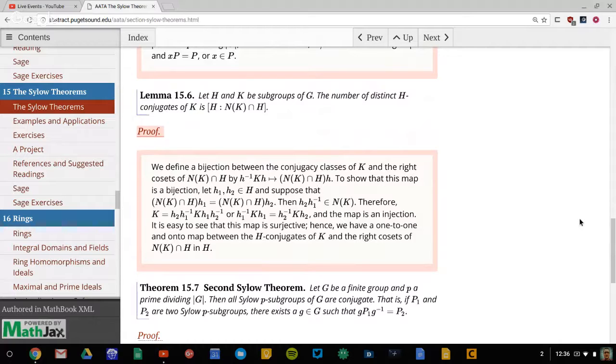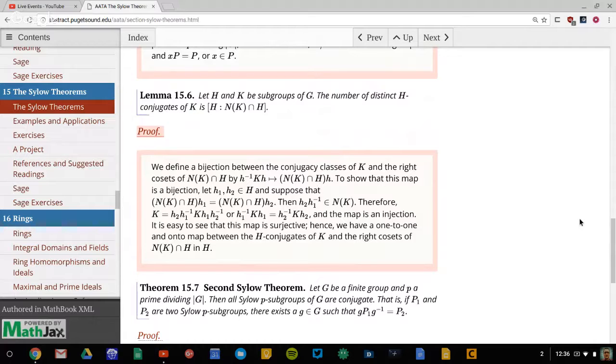So you get that h2 h1 inverse must be in the subgroup itself, in the intersection. So in particular, that means it's in the normalizer. If it's in the normalizer, that means when you conjugate K by h2 h1 inverse, you just get K. That's the definition of being in the normalizer, isn't it?